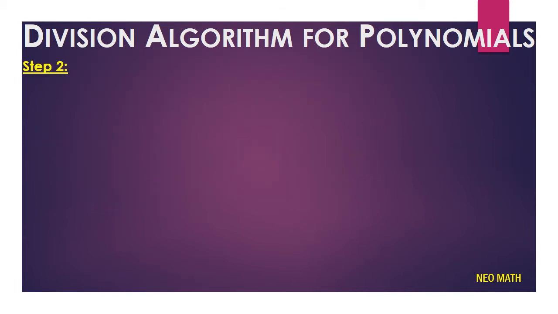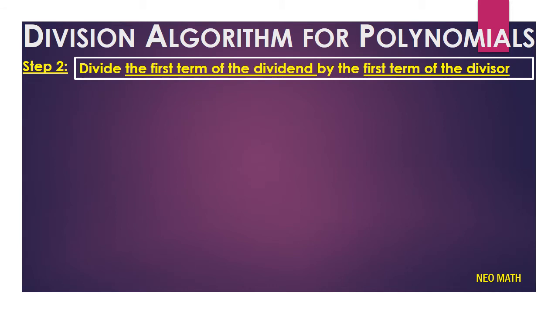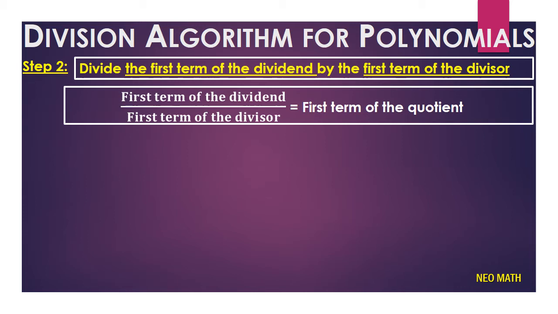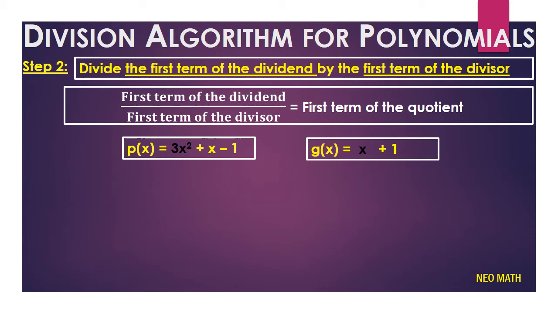So next, step 2. Divide the first term of the dividend by the first term of the divisor. First term of the dividend divided by the first term of the divisor, we get the first term of the quotient. P of x is equal to 3x square plus x minus 1 and g of x is equal to x plus 1. The first term in p of x is 3x square and the first term in g of x is x.